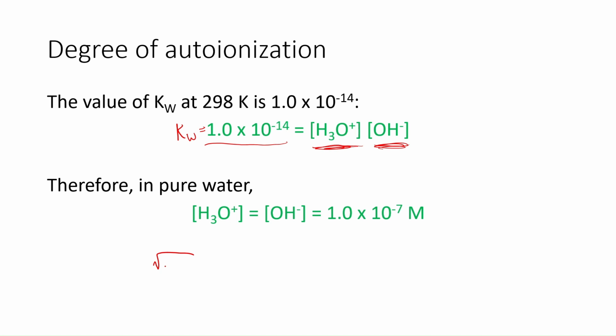So the square root of 1 × 10⁻¹⁴ equals 1 × 10⁻⁷. So in pure water, the concentration of hydronium ions equals the concentration of hydroxide ions, which is equivalent to 1 × 10⁻⁷ molar, or moles per liter.